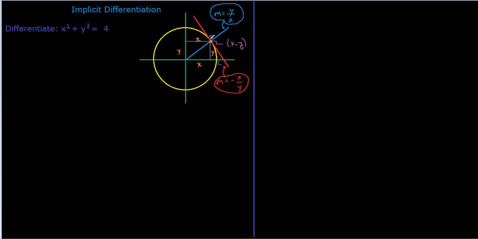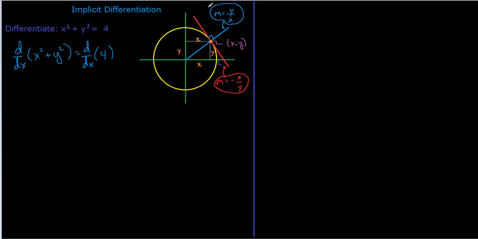So now, in order to differentiate, the first thing we're going to do is differentiate with respect to x. So we're going to apply d dx to both sides. We're taking the derivative of the left side of the equation with respect to x, as well as the right side with respect to x.